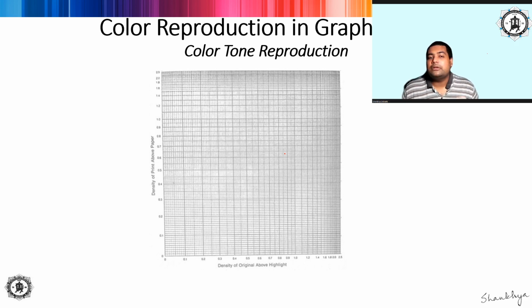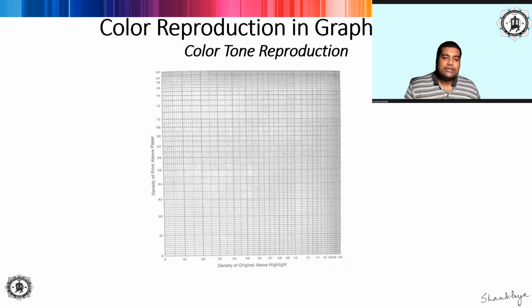And your intervals in the shadow areas are less widely spaced. That means they are very closely spaced. So even if there is a greater amount of change in the contrast of the tones in the shadow area, that will not be easily or drastically visible in this particular graph. Okay.